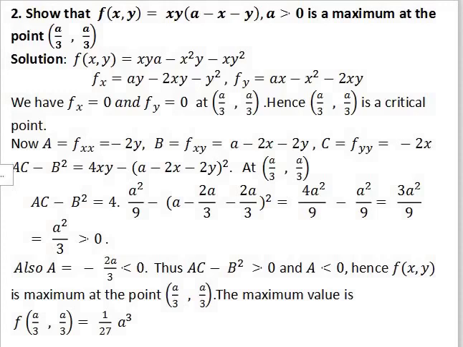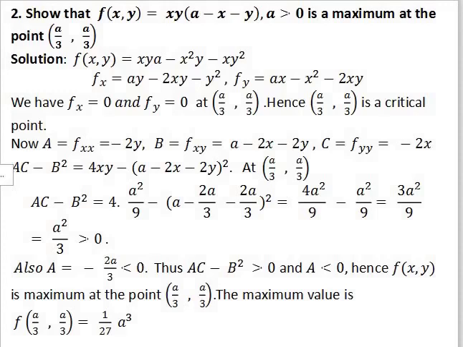Now differentiate the function f with respect to y, that is fy equals derivative of axy, which is ax, minus differentiation of x²y, keeping x² constant with respect to y, which is x², minus keeping x constant, derivative of y² is 2xy.